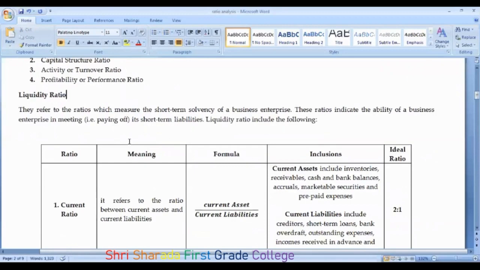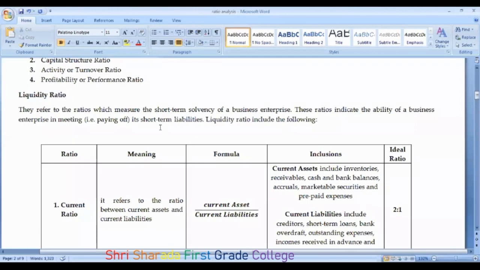So what is the liquidity ratio? The liquidity ratio is the ratio which is used to measure the short-term solvency of a business enterprise. In simple terms, the liquidity ratio is the ability of the company to meet its financial obligations.